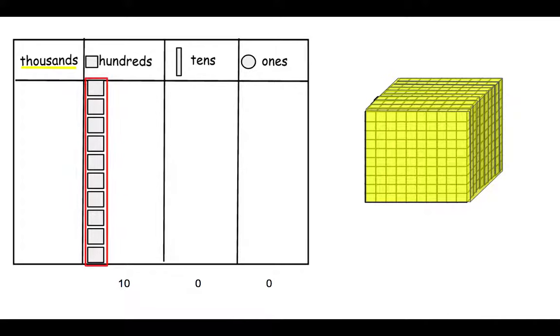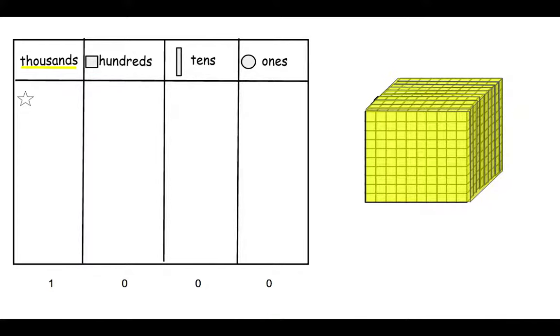We can circle those 10 hundreds on our place value chart. And instead of having all 10 of them, we can bundle them together and make them into 1,000. Now normally we would draw 1,000 as a cube, but because we've already been using cubes as our blocks, we can show 1,000 as a star.